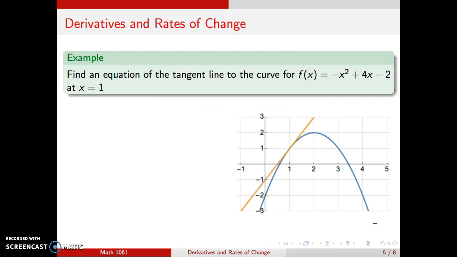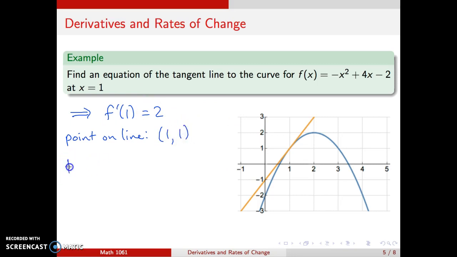So on the next slide, we've got what that tangent line looks like, and from before we saw f prime of 1 equals 2, and the point on the curve, the point on the tangent line, well, it's at x equals 1, and f of 1, we already said, was 1.